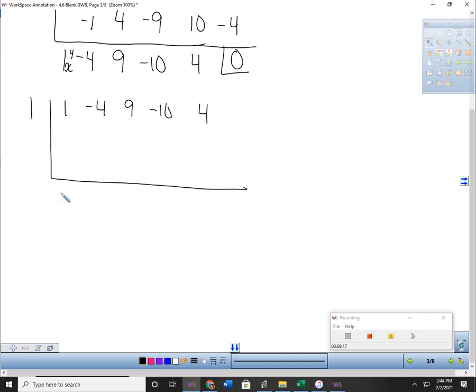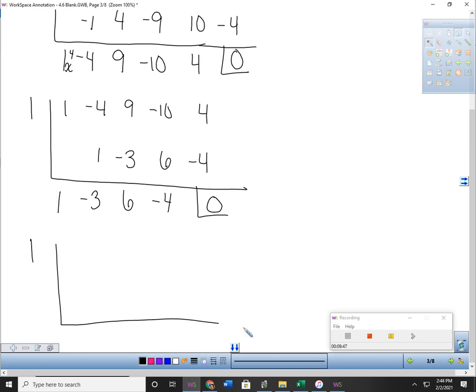And then drop the 1. 1 times 1 is 1, plus a negative 4 is negative 3, times 1 is negative 3, plus 9 is 6, times 1 is 6, plus a negative 10 is negative 4, times 1 is negative 4, which gives me a remainder of 0. But I know 1 counts twice, so I'm going to go ahead and divide again.